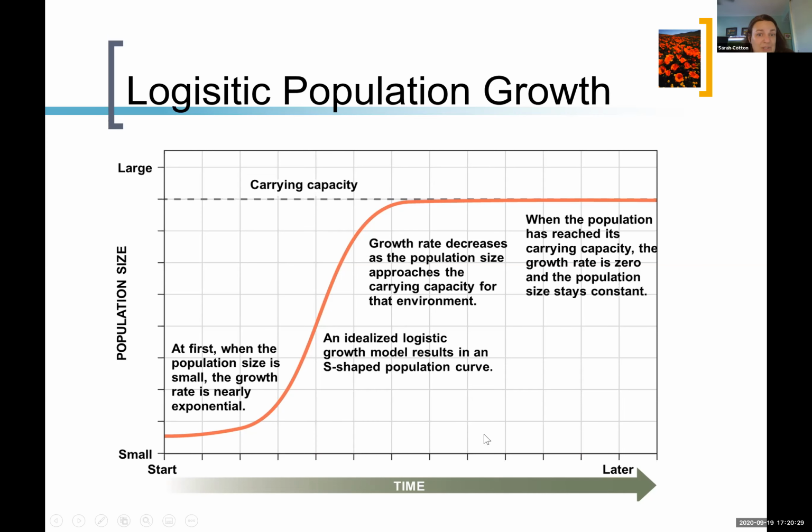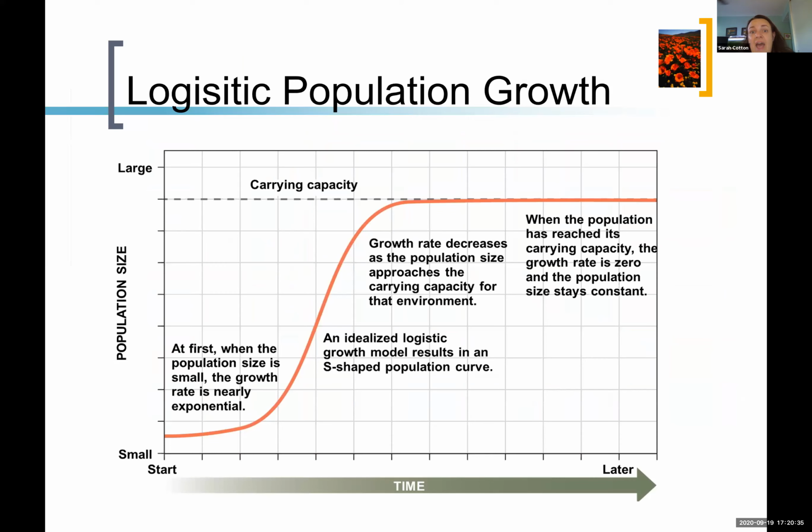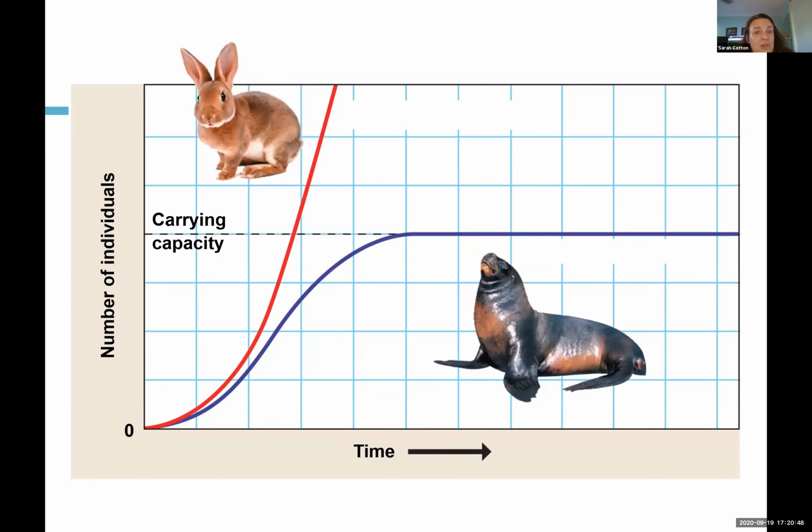There is always a limit to resources, okay? But many species still have that type of growth because in some cases, the speed at which their population grows is controlled by something else. Okay, so that's what we're going to be looking at next.